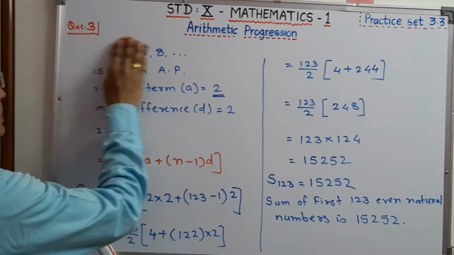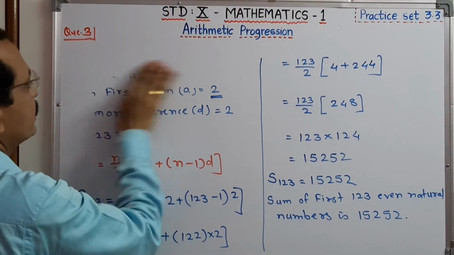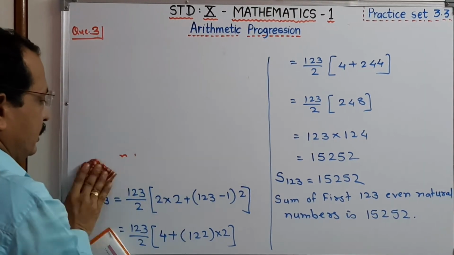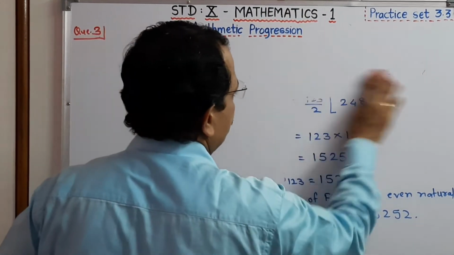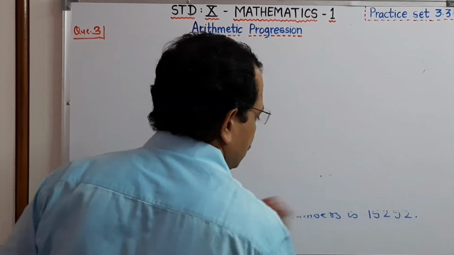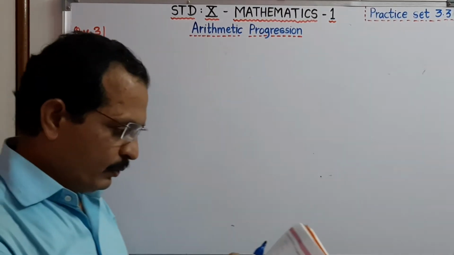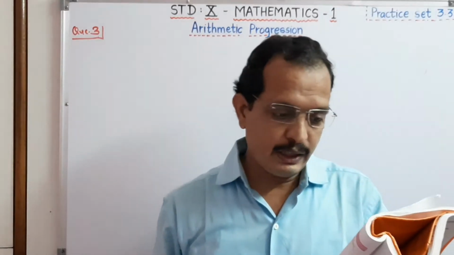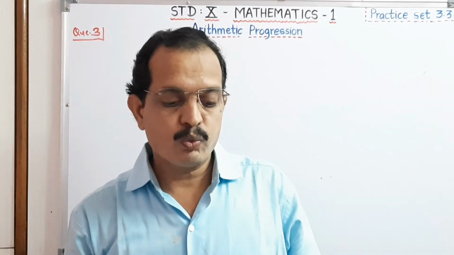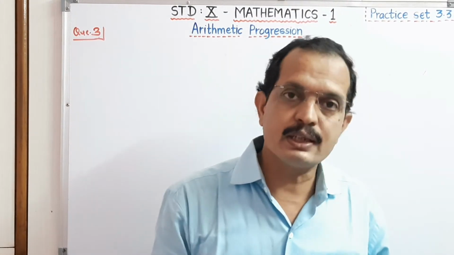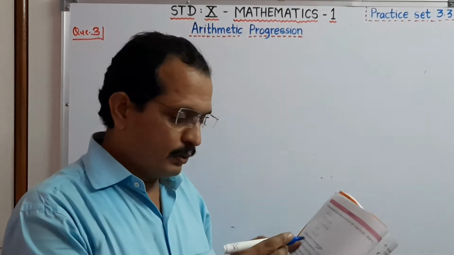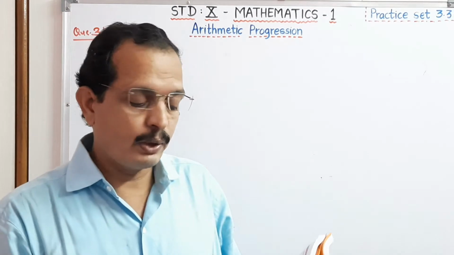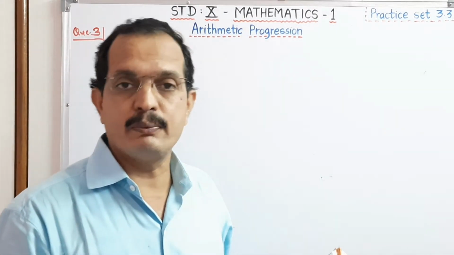Dear student, there is one correction in that sum. See, what is the correction? Find the sum of all even numbers from 1 to 350. This is given. But the correction is that the word from, you have to replace with between.